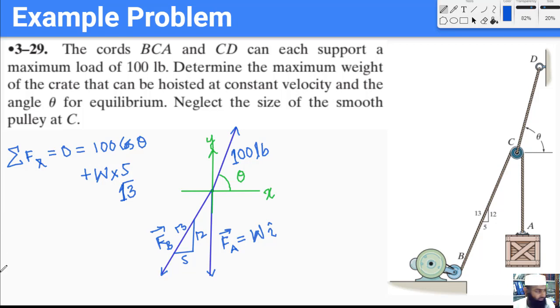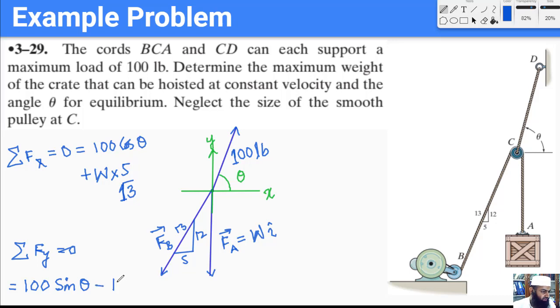The other condition is the sum of all the forces in Y equals 0, which basically equals 100 sine theta, and then we have two negative terms.